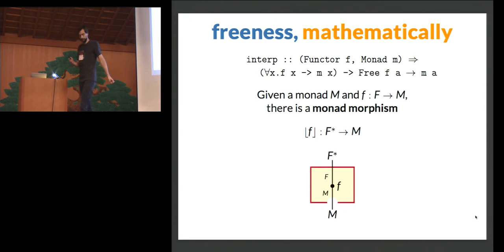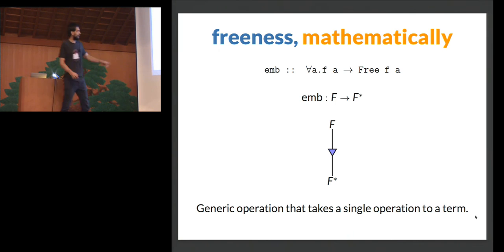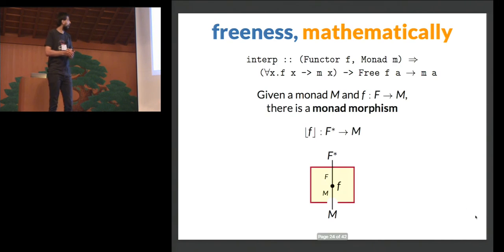So it's important that this thing is a monad morphism. Never mind what monad morphisms are. We just need to remember that this is a monad morphism, right? And I forgot to say that we denote emb because it's such an important function that we have a special notation for that, and it's a blue triangle pointing down.